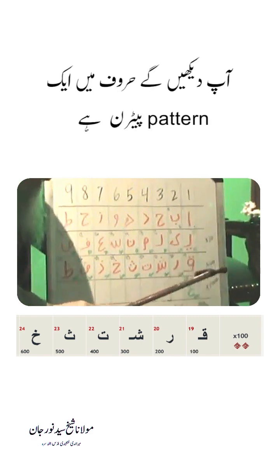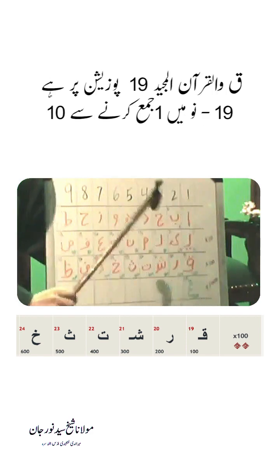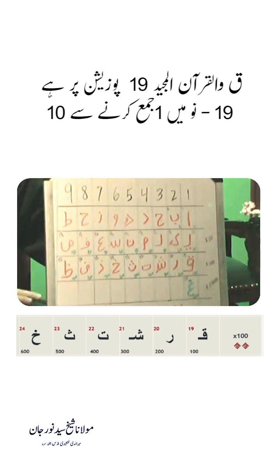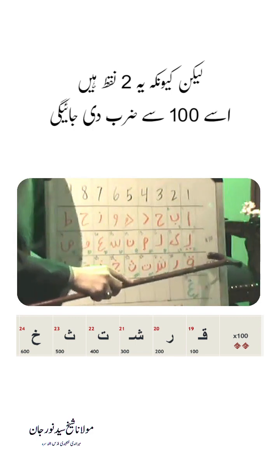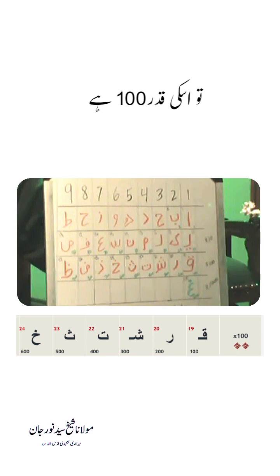So Qaf, or Quran al-Majid, is at the 19th place. 19, 9 plus 1, 10. 1, but because it's at the 2 nuqt, it's multiplied by 100. So it has a value of 100.